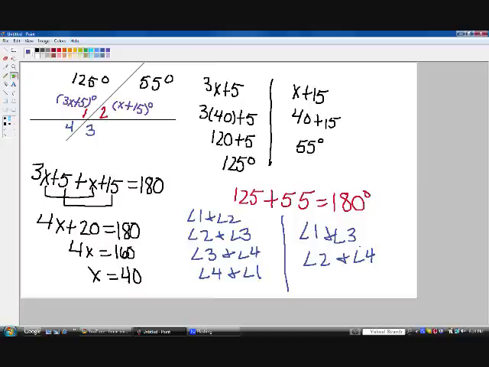Remember, vertical angles are always congruent. Alright? And congruent means they have equal measures. And linear pairs are always supplementary, which means they always add up to be 180 degrees.